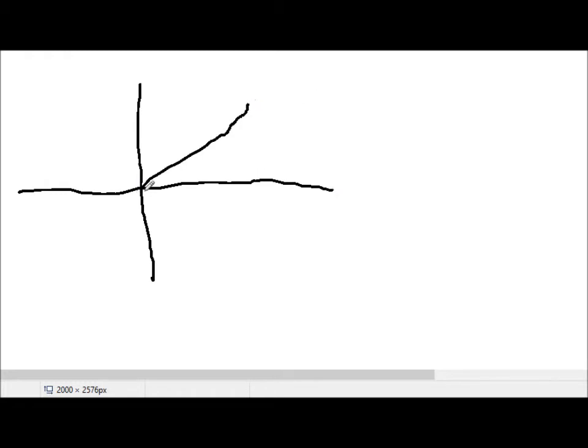Let's draw another graph. Let's say we got a graph after plotting the xy pairs. This red thing is a graph which you got after plotting the xy from an equation.